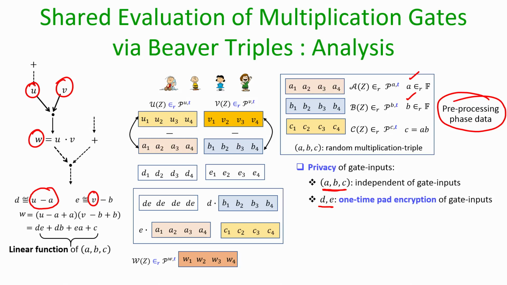That tells you that if you have multiple multiplication gates in the circuit, you require independent a, b, c. You cannot reuse the same multiplication triple for all the multiplication gates, because if you make public the OTP encryptions of all the multiplication gate inputs using the same a and same b, then we know that if the same key is used for encrypting multiple values, we can no longer argue perfect privacy.